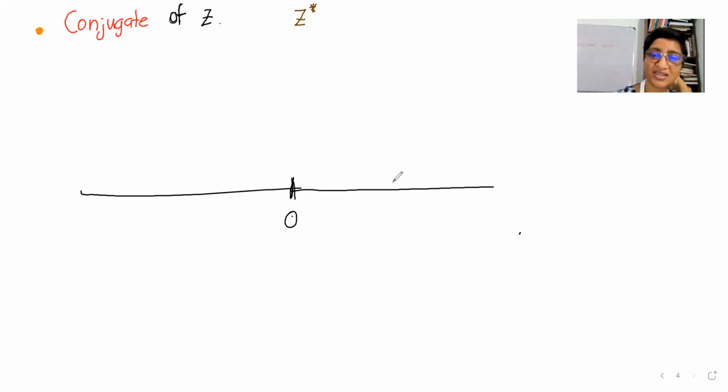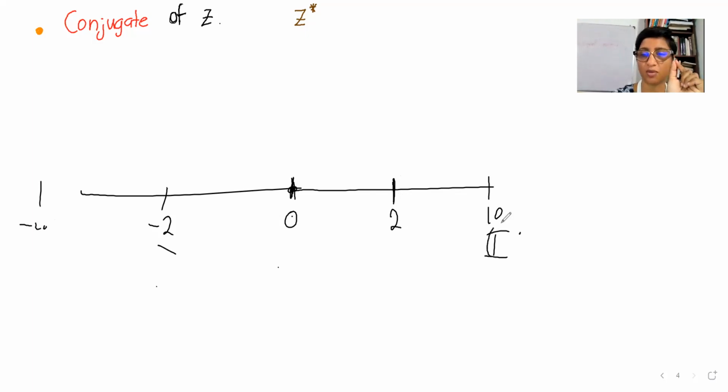So for any number on this side, there was a corresponding number on the other side. For 2, you have -2. For 10, you have on the same spot on the other side, -10. It's like a mirror. This is like the mirror at 0. If this is your object, this is your image. This is positive, this is negative.